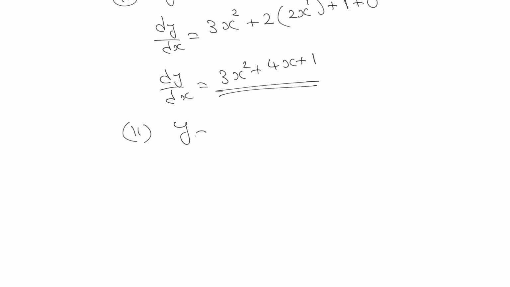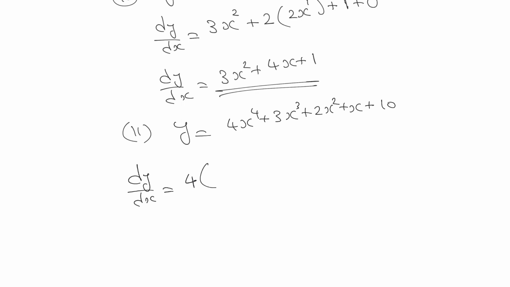That is, if y is equal to, let's say, 4x raised to 4 plus 3x raised to 3 plus 2x square plus x plus 10, and our aim is to find out the value of dy by dx. We can write the value of dy by dx will be equal to this 4, we can take as it is, it's a constant.